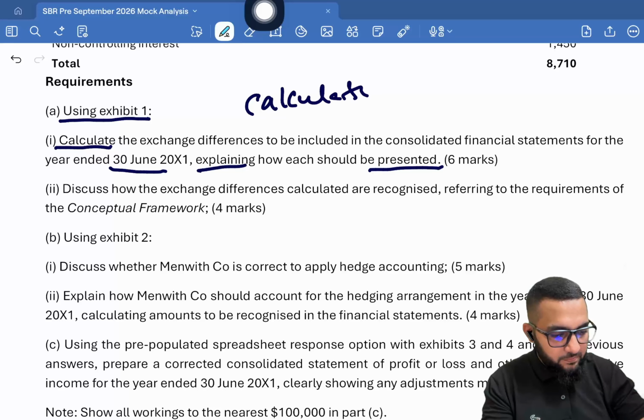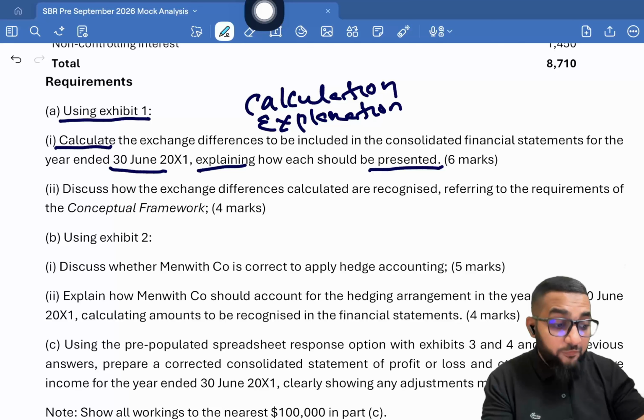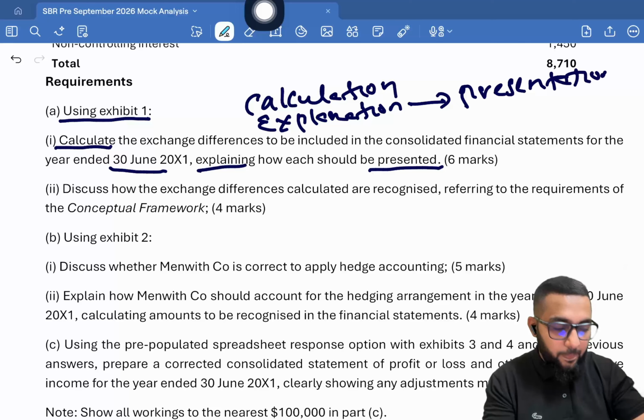So what are you supposed to do here? Calculation, and then explanation of presentation. You don't need to explain the entire thing, rather the presentation.